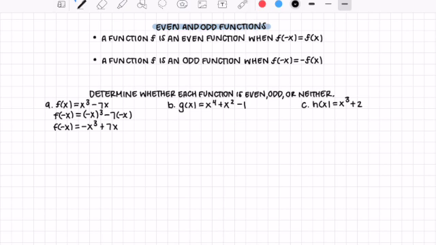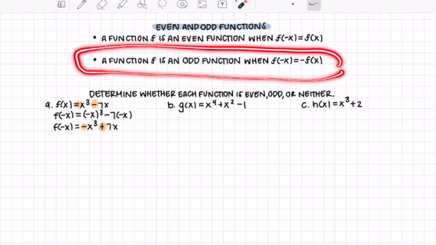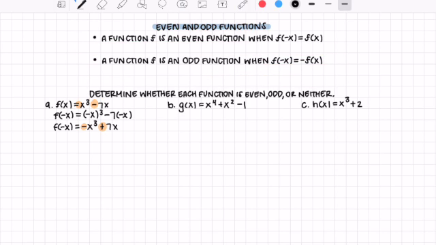As you can see here, all of my terms ended up with the opposite sign. And so I would consider this to be an odd function, where we ended up with completely different signs for every single term. So this would be considered odd.